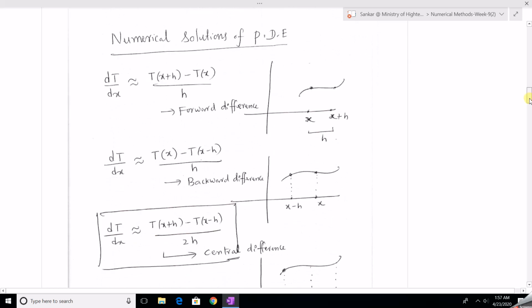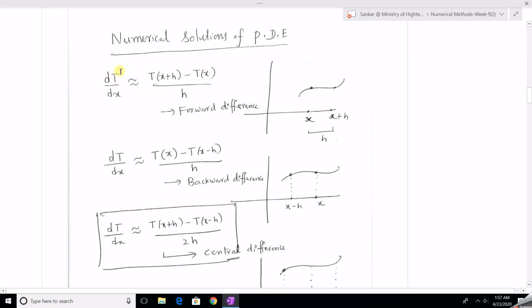Now let us look at how to find the solutions of partial differential equations, that are numerical solutions. We are interested in finding the numerical solutions of partial differential equations. Now let us look first at the ordinary derivatives. Earlier we have seen the approximation of the ordinary derivatives by this formula.